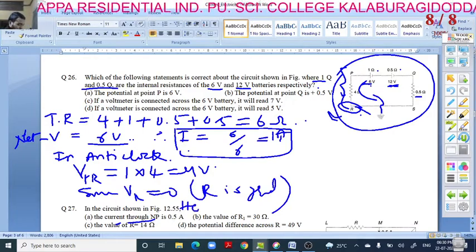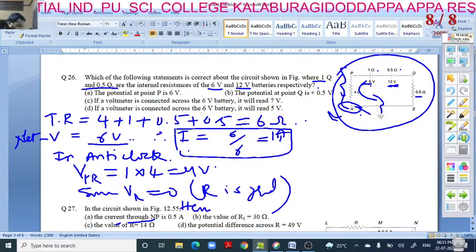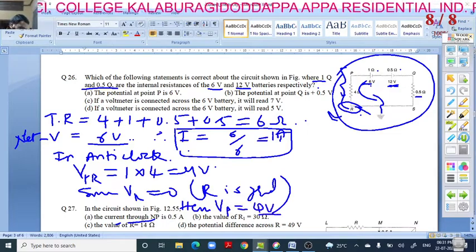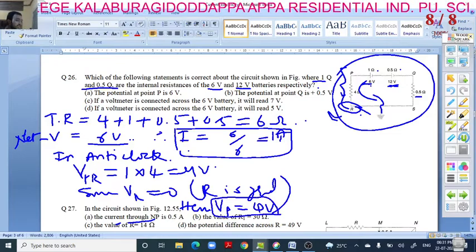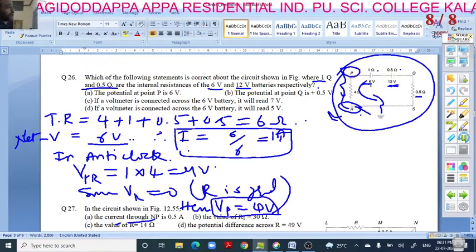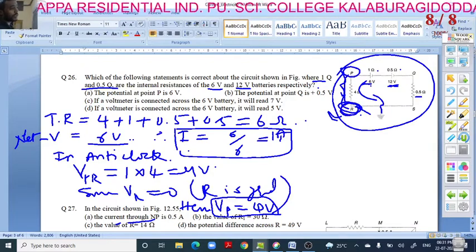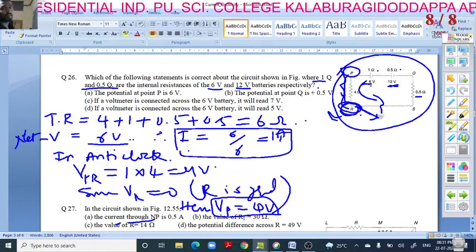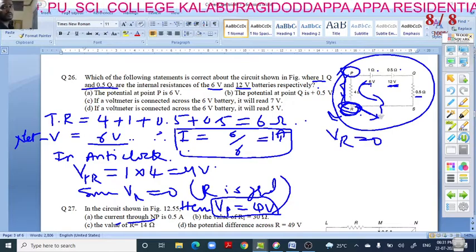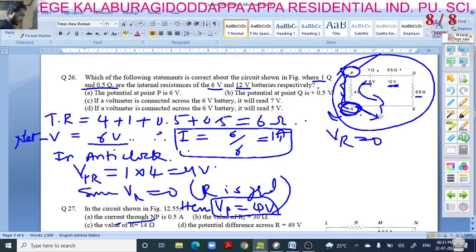Hence if VR is equal to 0, then VP, potential at P, is equal to 4 volt. Concentrate here: potential P to R is 4 volt, however R is grounded so VR becomes 0, so potential at P remains 4 volt.